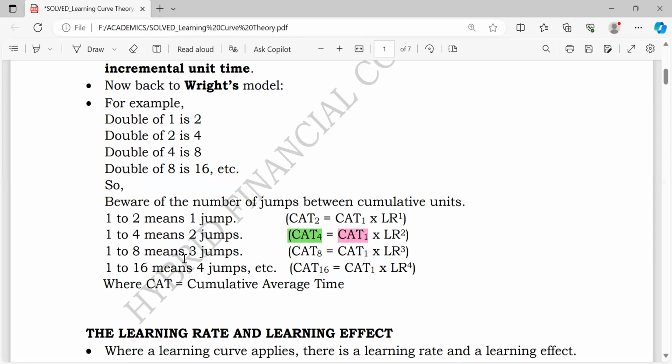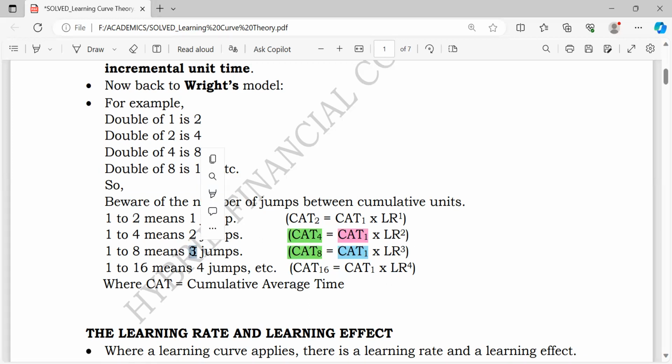And then 1 to 8 means that 1 to 2 is the first jump, 2 to 4 the second jump, and 4 to 8 the third jump. So cumulative average time for 8 units would be determined as follows: cumulative average time for the first unit, multiplied by learning rate power 3 because 1 to 8 involves 3 jumps.